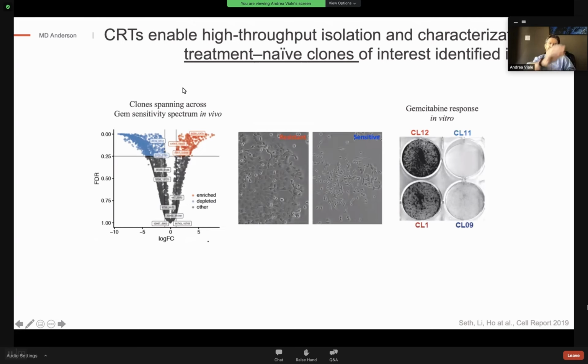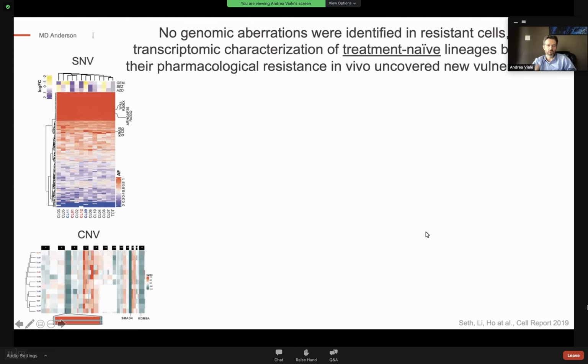Okay, so basically starting from the cells that we use to generate the system, the barcoded cells, we can isolate virtually all clones of interest and then perform characterization. For instance, here we isolated clones that were spanning in vivo the entire spectrum of gemcitabine sensitivity. And obviously they have different features and they respond differentially to gemcitabine.